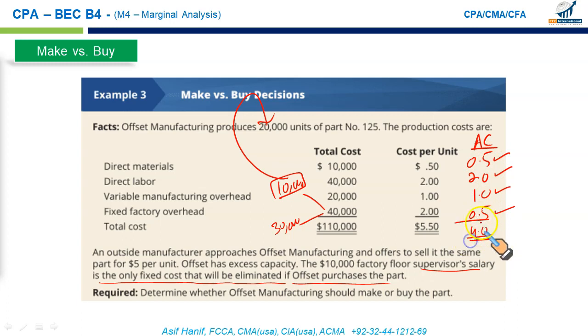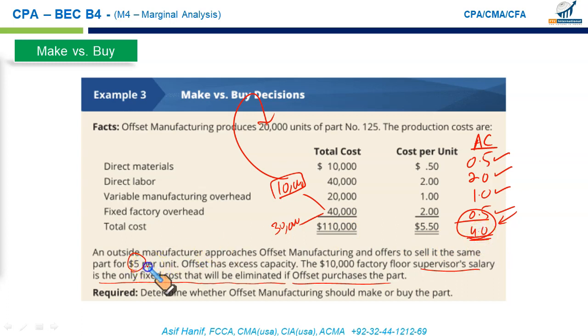So this is the cost to make, but the third party manufacturer is providing the item at $5. So clearly your avoidable cost is less, whereas the price from some outside seller is more. So it is better to produce, because producing costs less, acquiring costs more. So the decision would be that we should produce the good ourselves, because the cost of producing is $4.